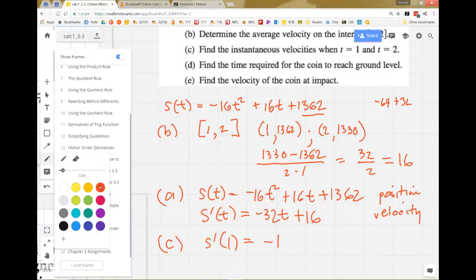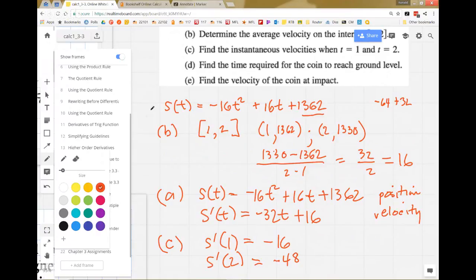So negative 16 is the velocity at second 1, and S prime at 2 is negative 64 plus 16, which is negative 48, I believe. So that's part C.